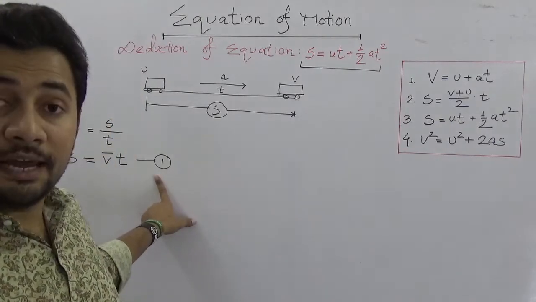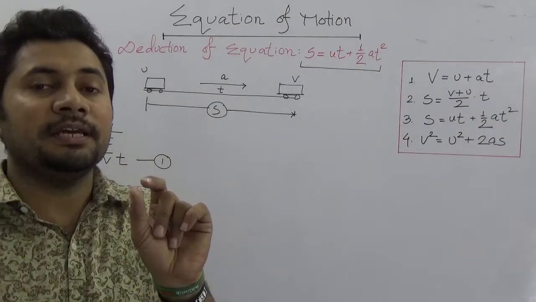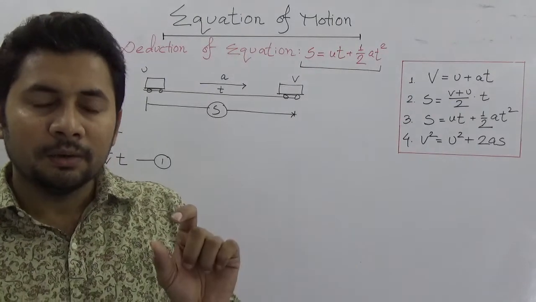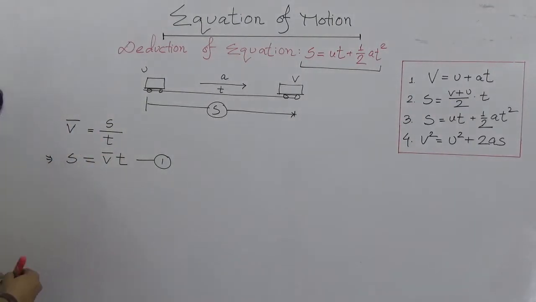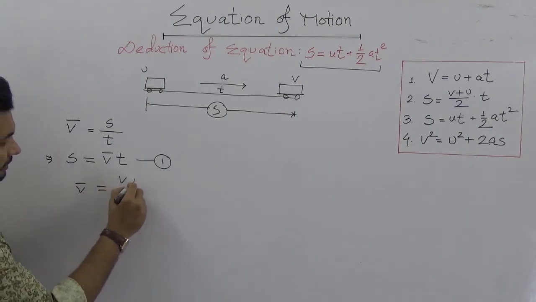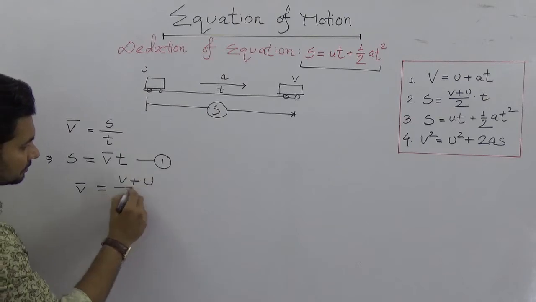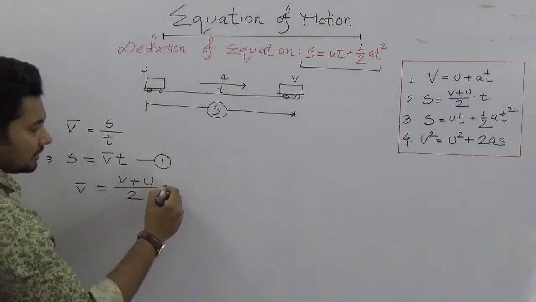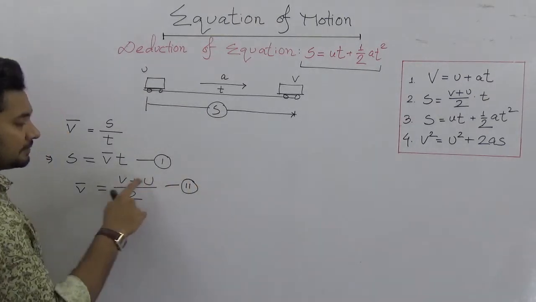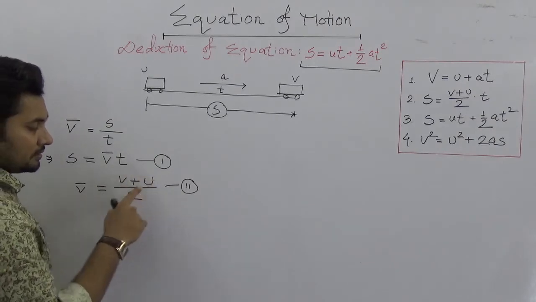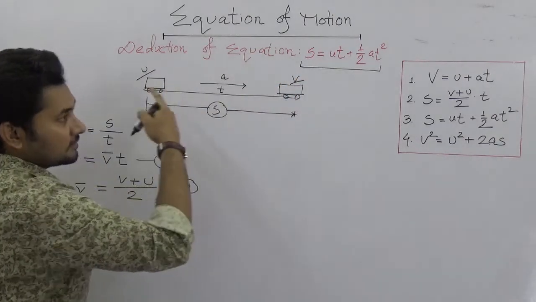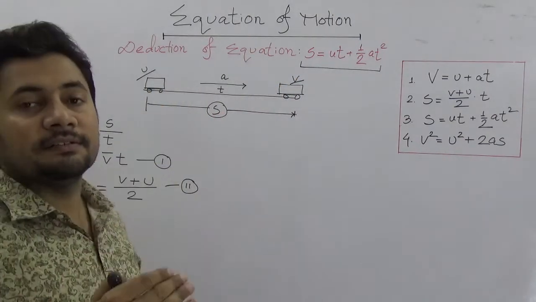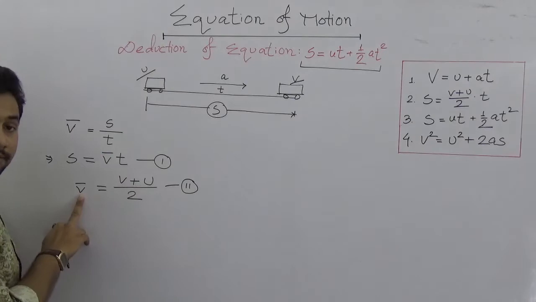So from the equation of average velocity, we can say that this v bar is equal to v plus u over 2, because this is a very simple average of 2 velocities. This is the initial velocity and this is the final velocity. If we add them and divide by 2, we will find the average one.